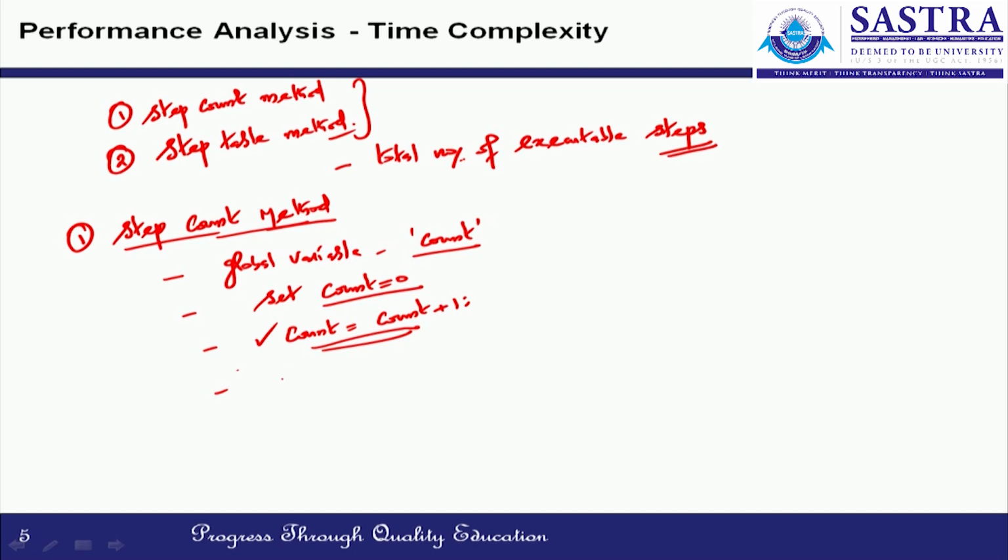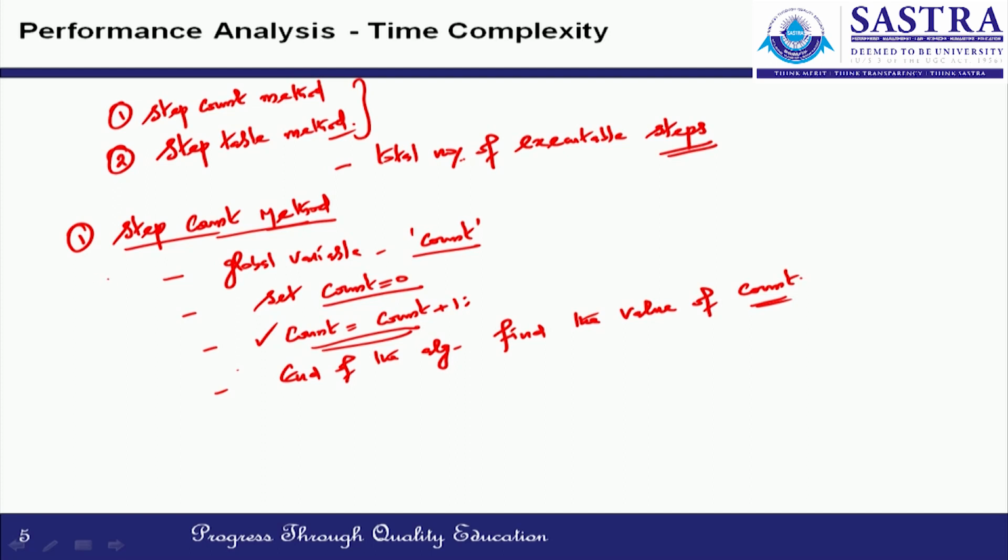At the end of the algorithm, we need to find the value of count, so that we can have the total number of executable steps or instructions in the given algorithm.